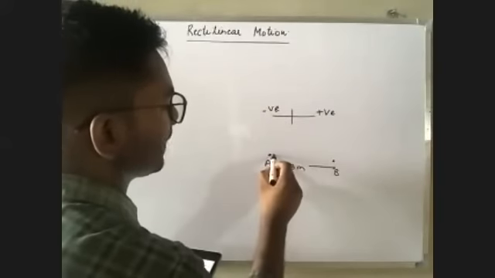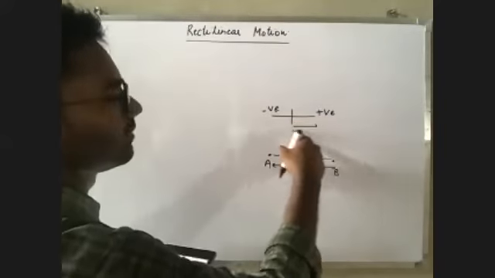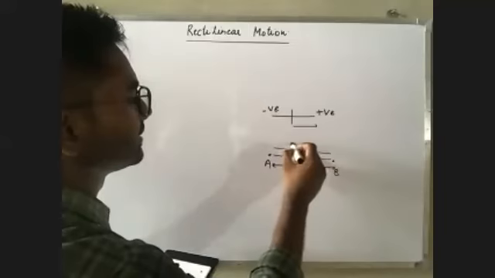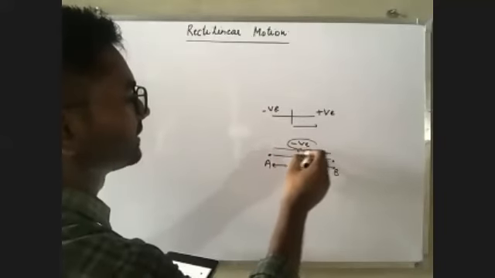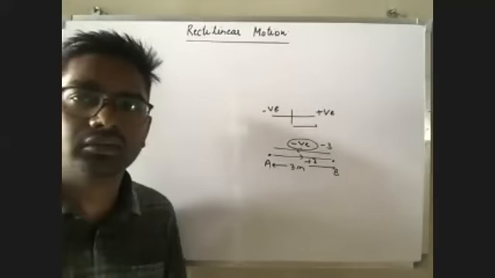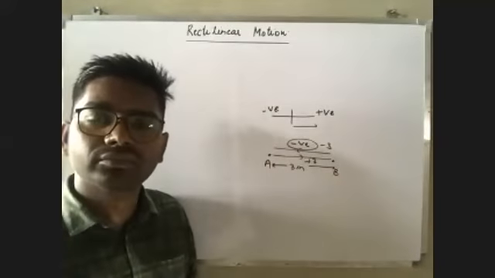When the particle moves from A to B, it is moving in the positive direction, while when it moves from B to A, it is moving in the negative direction. So here it is -3, here it is +3. Clear? So when it moves in the opposite direction, it will be negative.